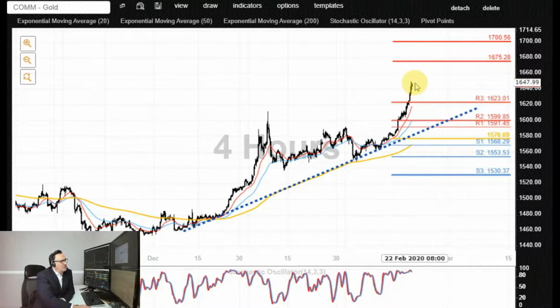Alternatively, if we do see a corrective pullback and end of day close below 1600 and retest of that level from underneath as a newly found resistance, that would negate the current bullish breakout scenario, potentially opening the way for a deeper corrective pullback to the downside towards 1576, 1570, possibly even 1553 supports to the downside.